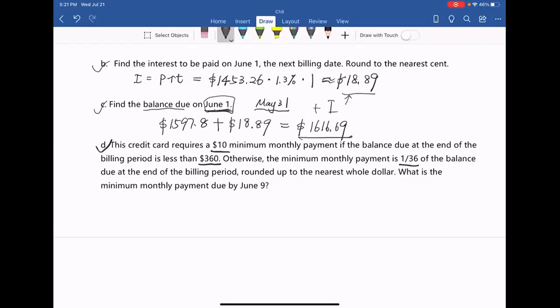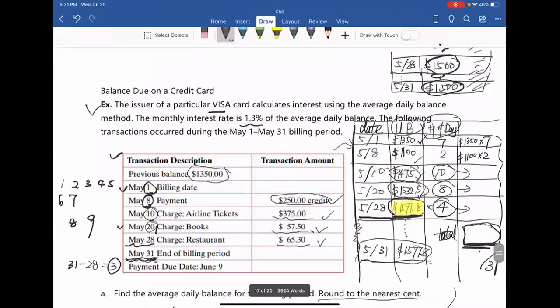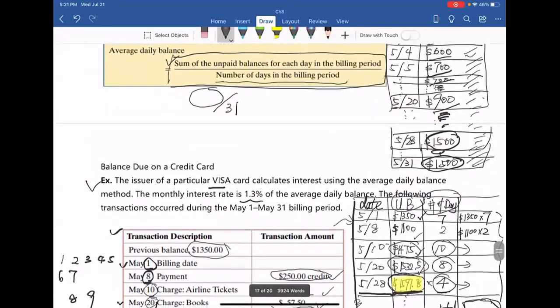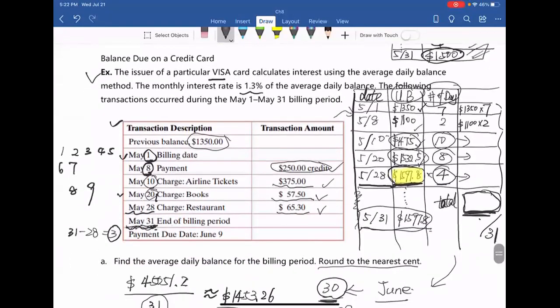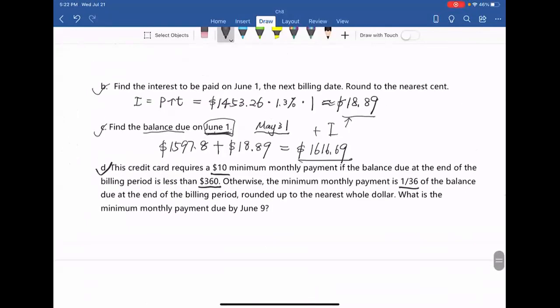So in the question, I think they provide some information. Here, payment due date, June 9th. So we need to compare the balance due with 360.